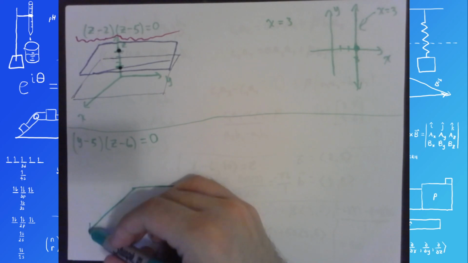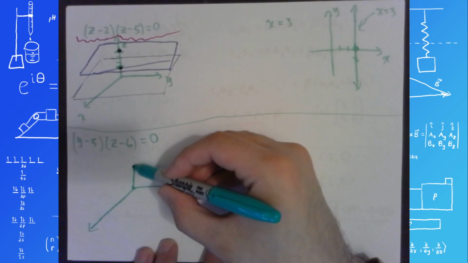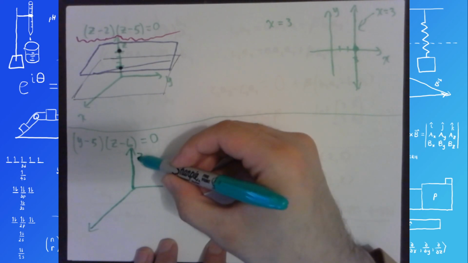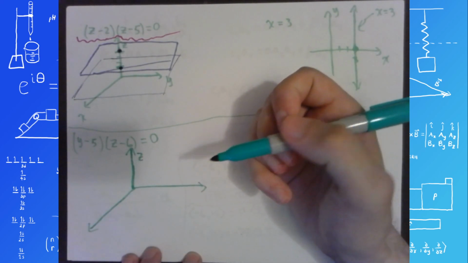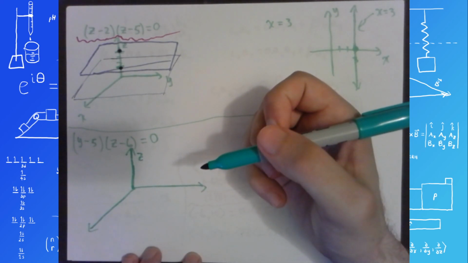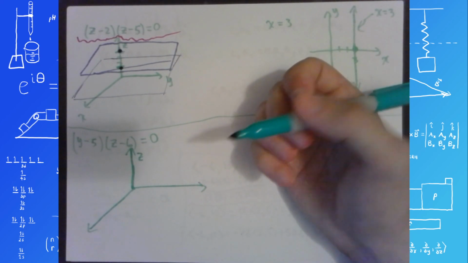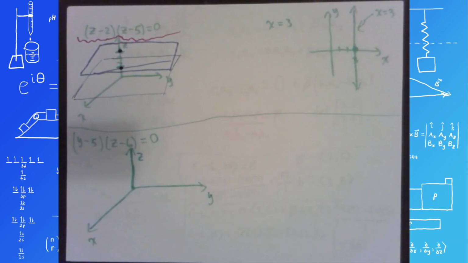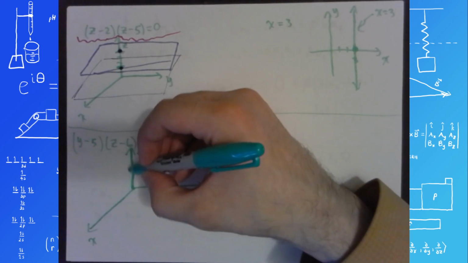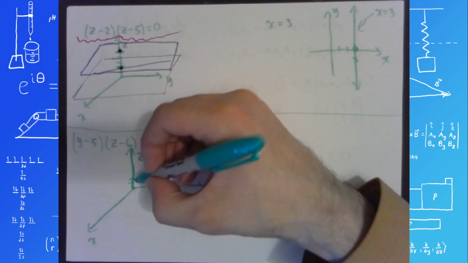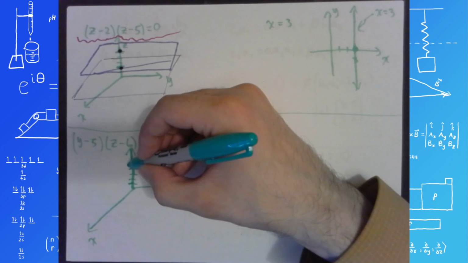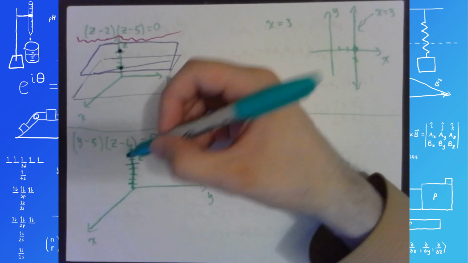So let me try and... I made too much space for x and y and not enough for z again. That's not good. I need to get better at planning for z. Oh well. There's x, there's y, which I've made way too big for z. And 1, 2, 3, 4, 5, 6.